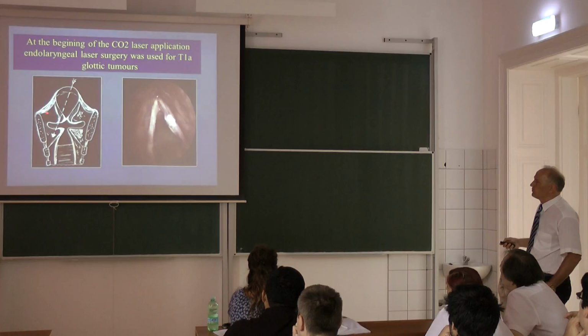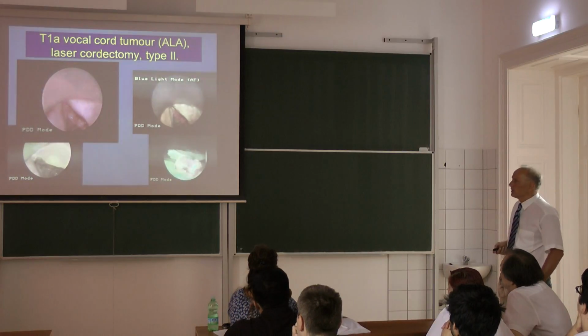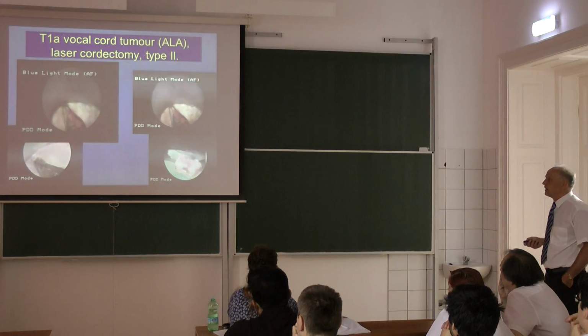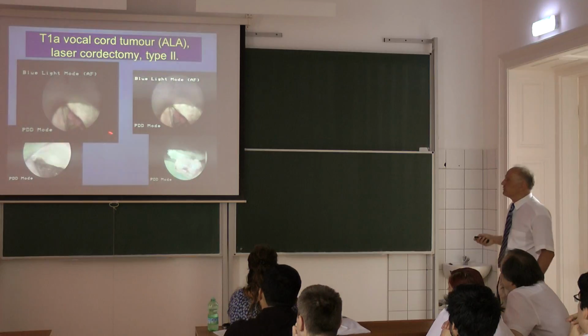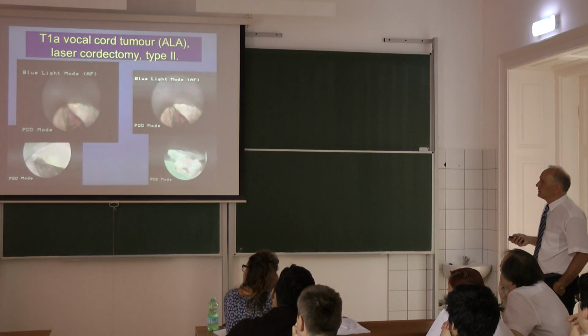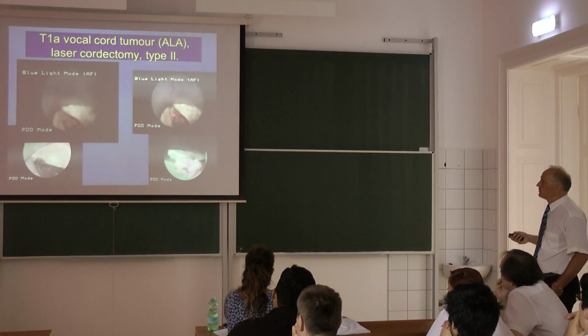You see here the vocal fold. And later on, we started different techniques like fluorescent techniques to eliminate the tumor. You see here on the video this T1A tumor, and later the resection, and you see the elimination of the tumor.